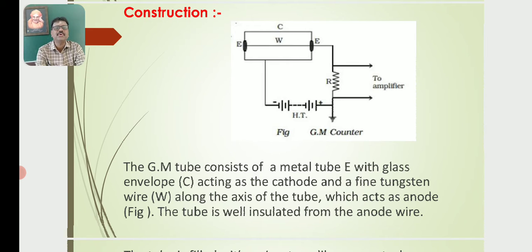acting as the cathode, and a fine tungsten wire W along the axis of the tube. W indicates the axis of the tube. So the fine tungsten wire is fixed along the axis of the tube, which acts as the anode, just as shown in the diagram.